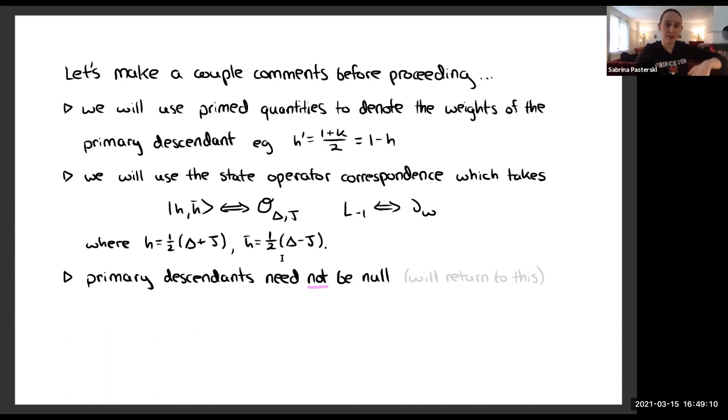One other thing to keep in mind, which I'll return to later, is that primary descendants need not be null. Part of the unpacking that we're doing here, even though we're starting with something relatively simple, is to keep in mind what things hold because of the symmetries that you still have in celestial CFT, and what things might come from radial quantization versus the intrinsic Hilbert space that we inherit from the 4D bulk in celestial CFT.